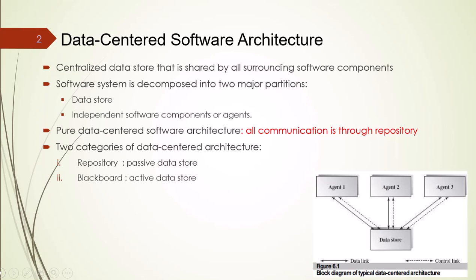So there are two further categories inside the data-centered architecture: either the repository or the blackboard. The repository architecture is also known as the passive data store, and the blackboard is also known as the active data store. Why is it called passive and why is it called active? It will be discussed in detail shortly.